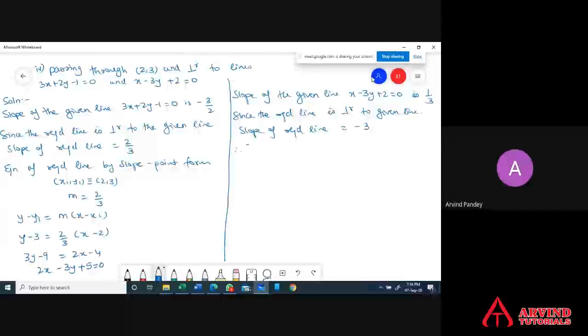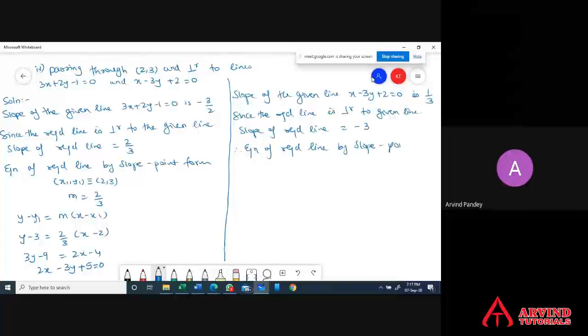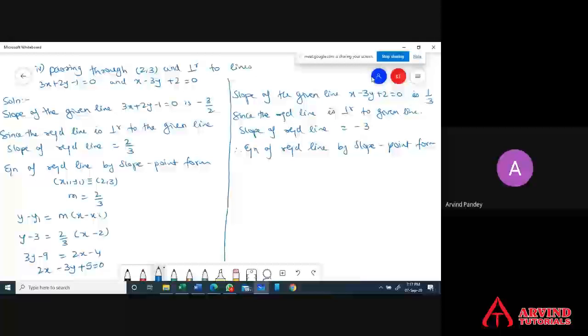So I'll say therefore equation of required line by slope point form. Now what you can do is, see, the point is the same x1 comma y1, which happens to be 2 comma 3, and the slope is minus 3.